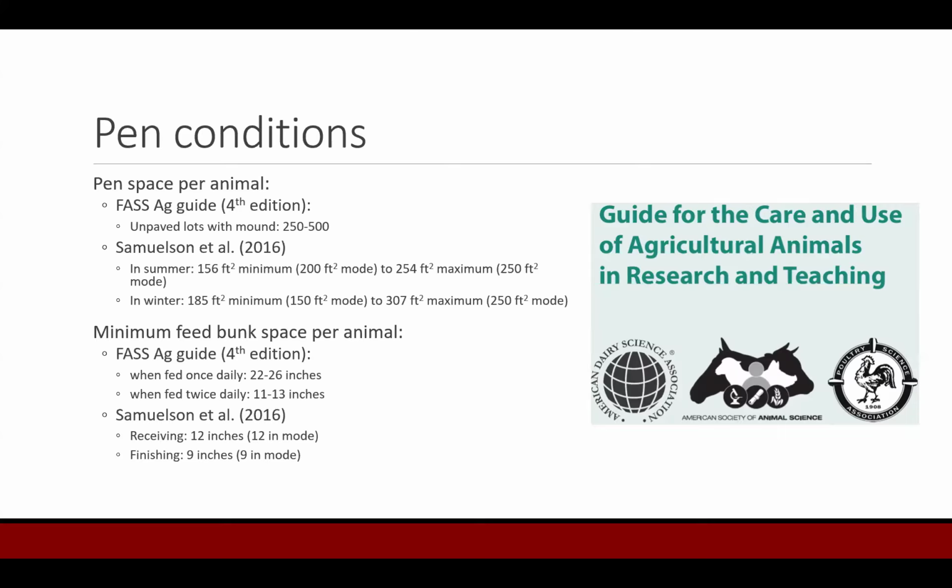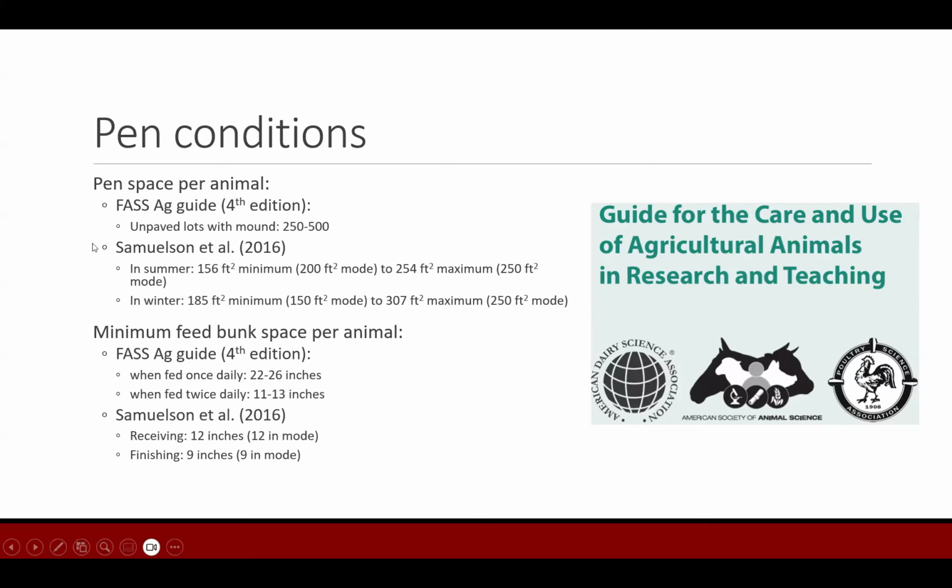So as research animal scientists, we have to follow the regulations that are outlined in this, or we have to justify for a scientific reason why we're not following this.